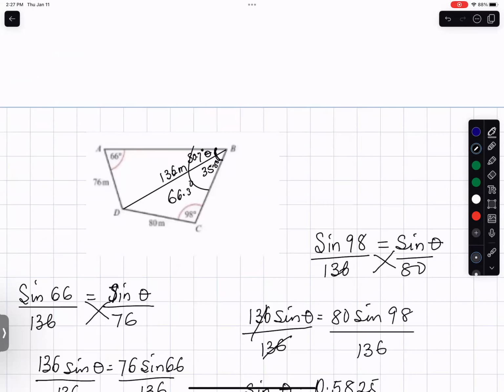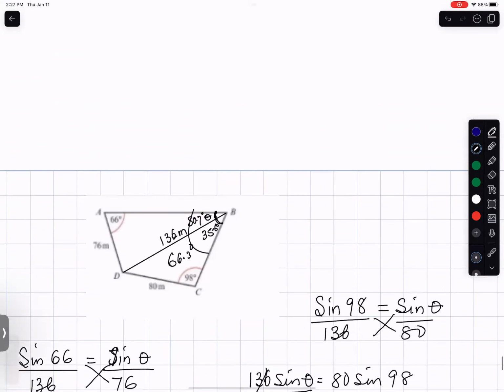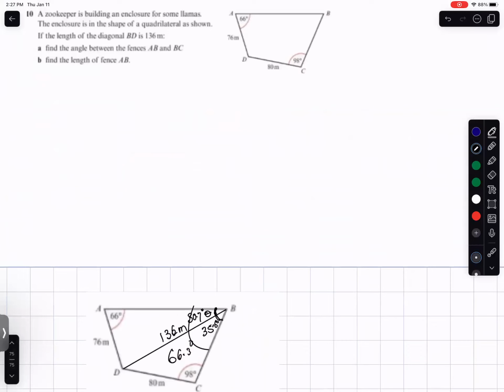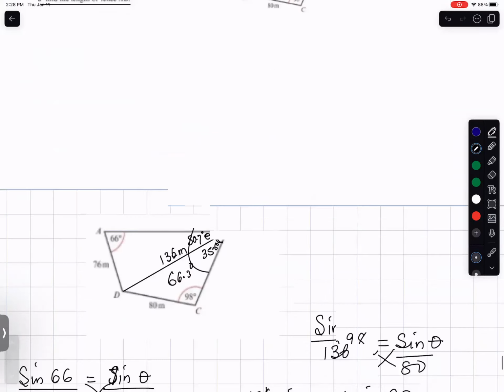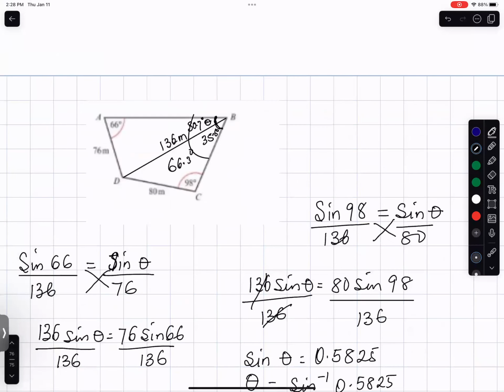So the entire angle here is 66.3 degrees. So having gotten that, we move to the second part of the question that asks to find the length of fence AB. So I'm looking for the length of fence AB. So what are we going to apply here? We have the opposite to this here. We have 136. We already have 76 meters. We have 136 meters.